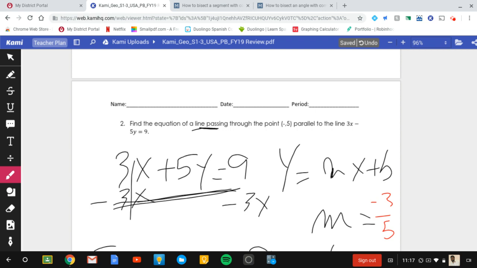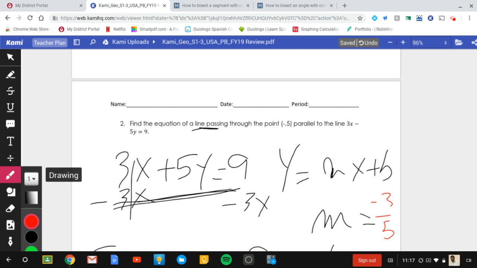Now, how do I find b? Okay, how do I find b? There is something missing here. At my point, there is something missing. Let's just say the point should be -1, 5.